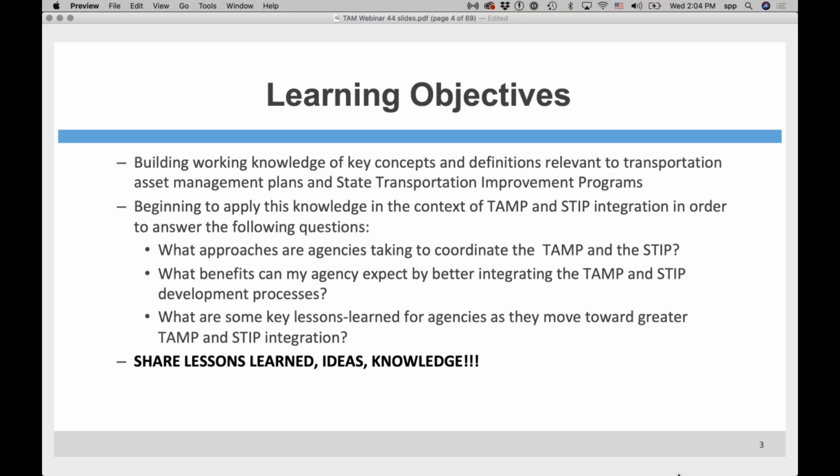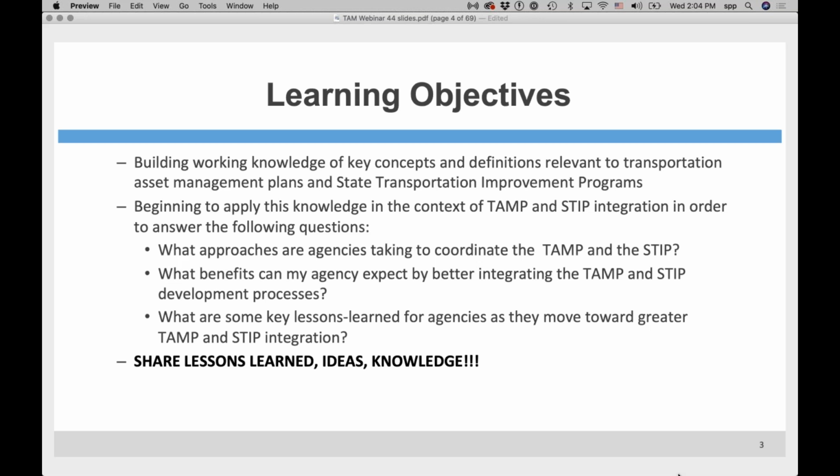Now, as Steve mentioned previously, the purpose of the webinar series is to share lessons learned, ideas, and knowledge with the asset management community. For this webinar, the primary learning objectives are building working knowledge of key concepts and definitions relevant to transportation asset management plans and state transportation improvement programs, beginning to apply this knowledge in the context of TAMP and STIP integration in order to answer the following questions.